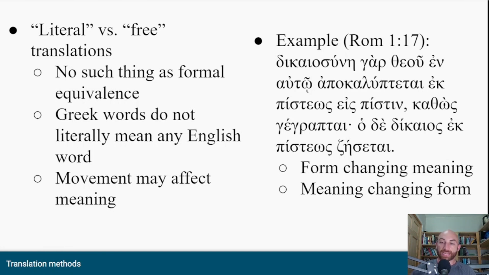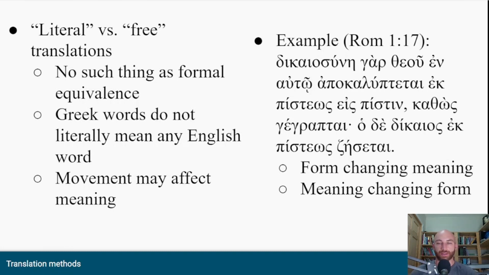And so in English, the righteous one will live by faith. The living is by faith, and the by, right, is right next to live. In the Greek, the ek pisteos, which most people say is by faith, I would say of the faith, in Greek, it's right next to the righteous one. So because of that, it can, and I think should, be taken with dikaios.